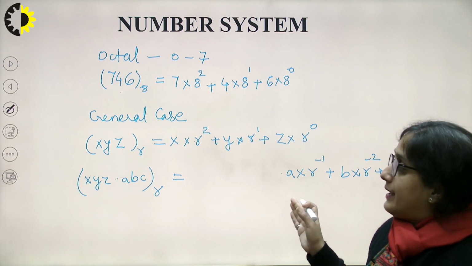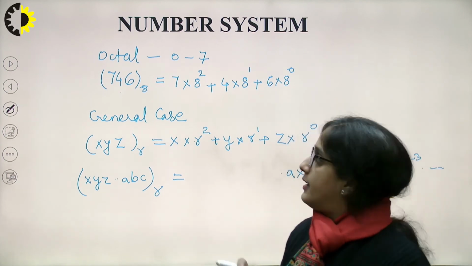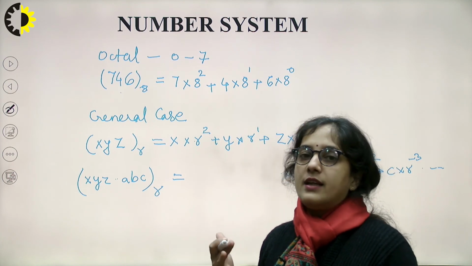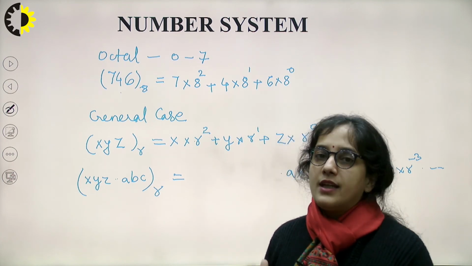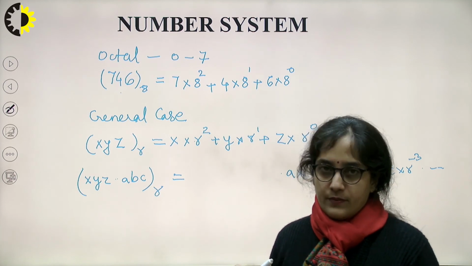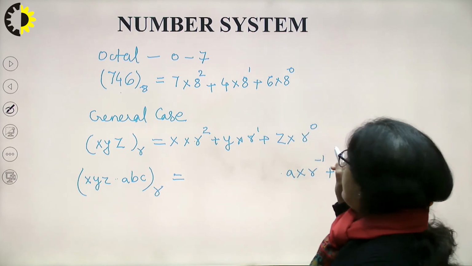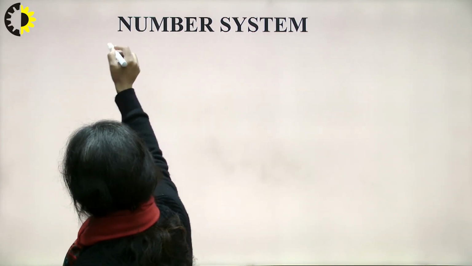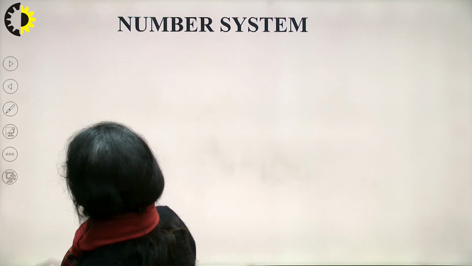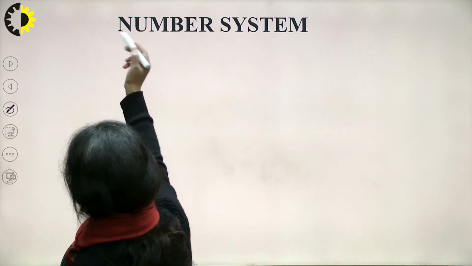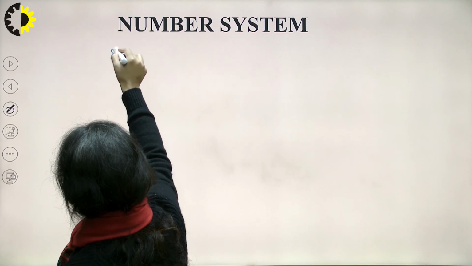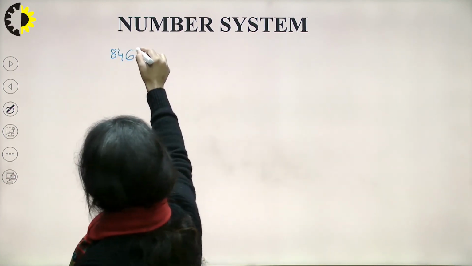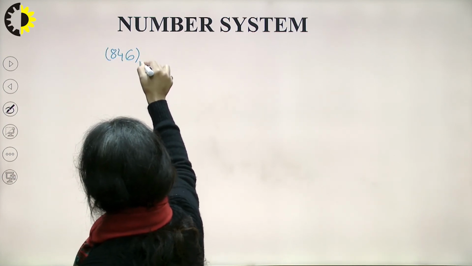And if you have to go vice versa, a number is given in decimal and you have to find its equivalent binary or octal, then we have to go with the division procedure. Just take a number 846, and I will give it to you as base 10.